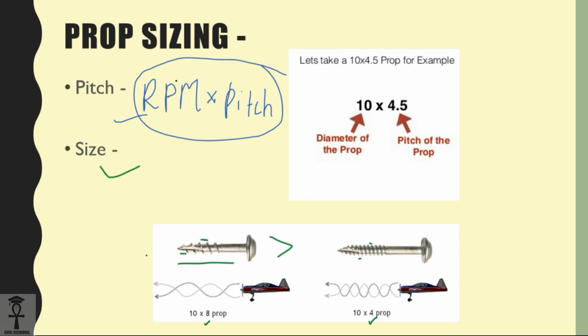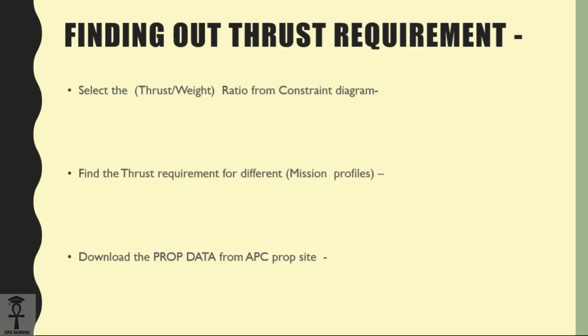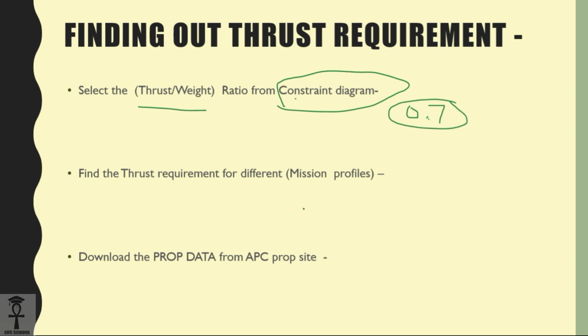Now, to select a prop, first you need to find out the typical thrust requirements, which are as follows. First, in order to select a prop, find out the thrust by weight ratio from the constraint diagram that we have already found, which is 0.7 that we have used for the calculation. I'll just show you that over here.